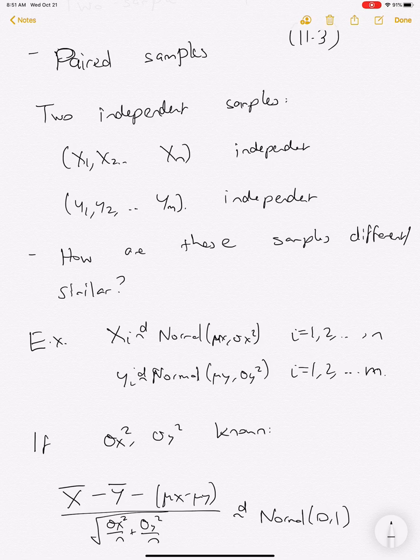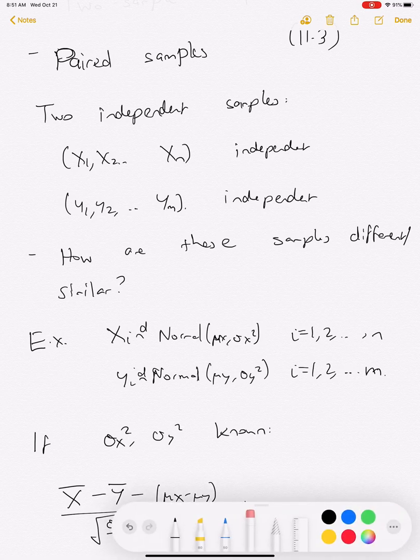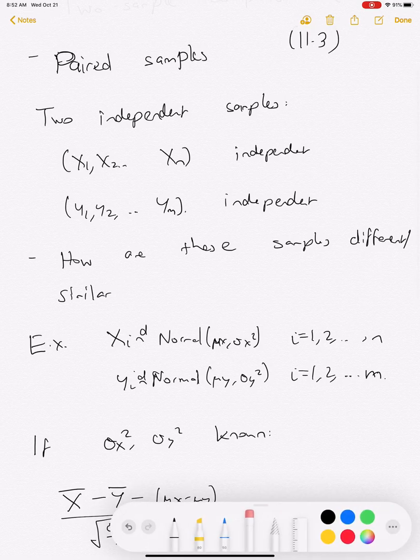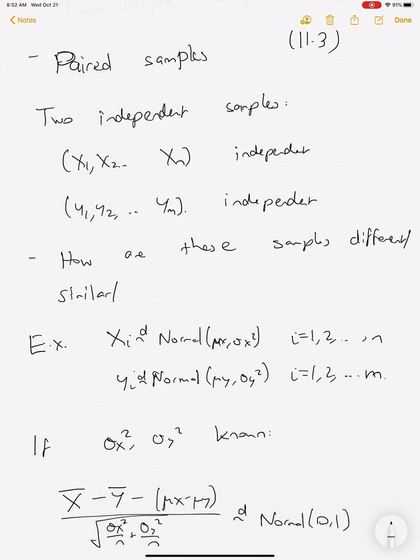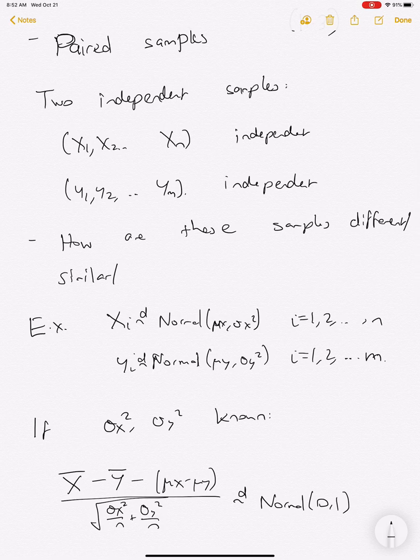Again, in principle, two different populations. The question is how these samples are different or similar, and the follow-up question is, what does this say about the populations?